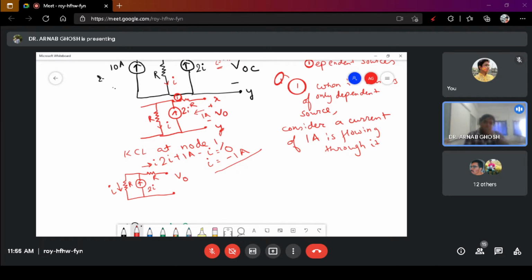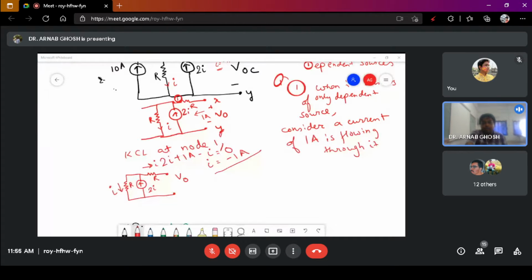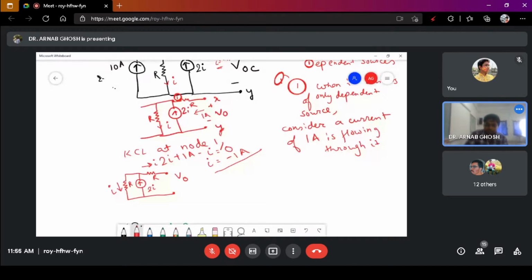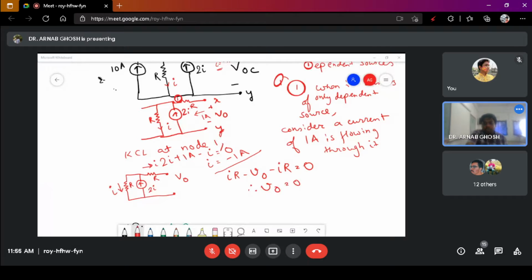So if you just consider this entire loop and apply KVL, you will get IR minus V0 minus IR equal to 0. Therefore, V0 will be equal to 0. So what will be the R internal resistance?